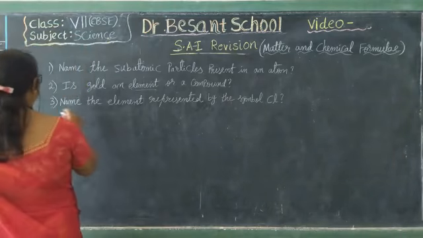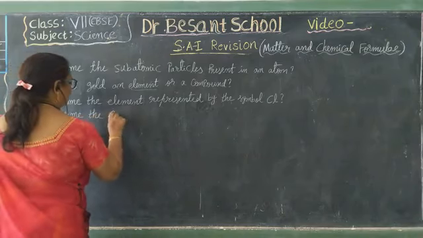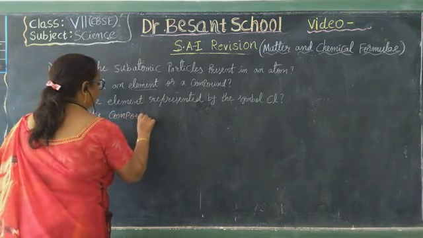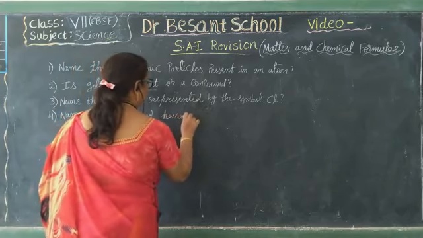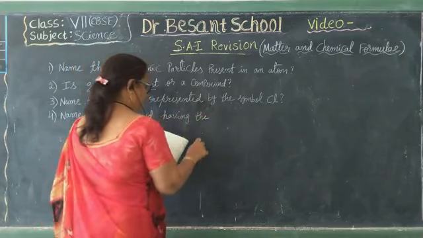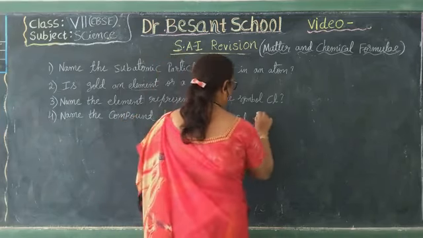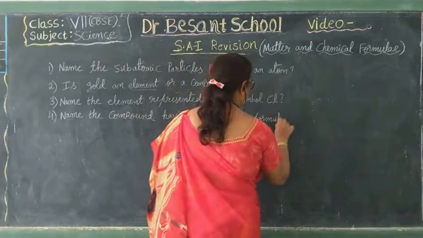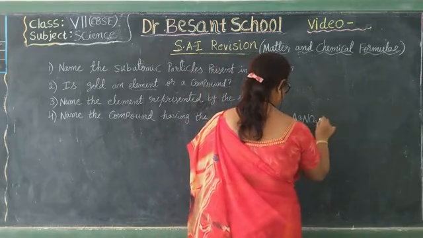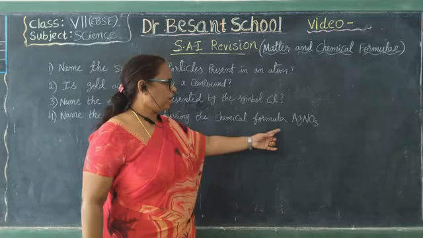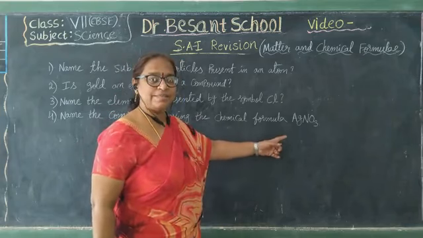Next question. Name the compound having the chemical formula AgNO3. So one of the compounds has this formula. What is that compound's name? Ag means argentum.